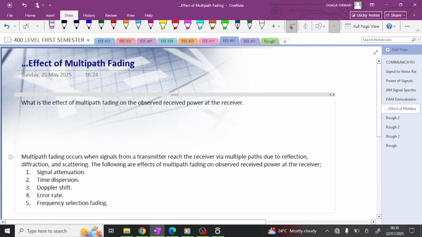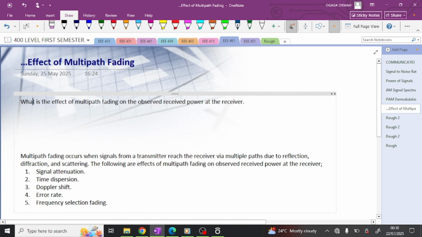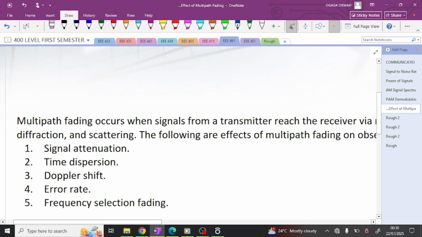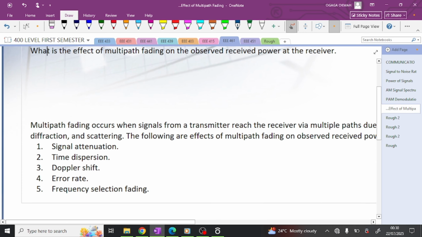Okay, so the next is the effect of multipath fading. From the past question we have: what is the effect of multipath fading on the observed received power at the receiver? Now, first of all, the idea of multipath fading is this.